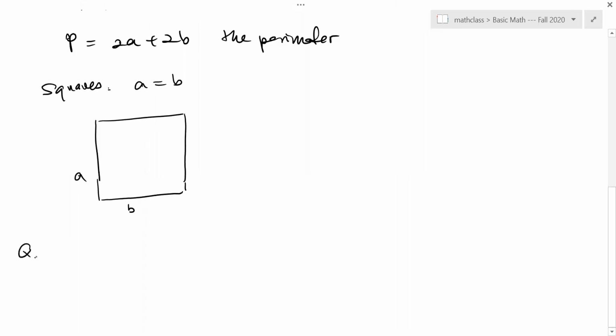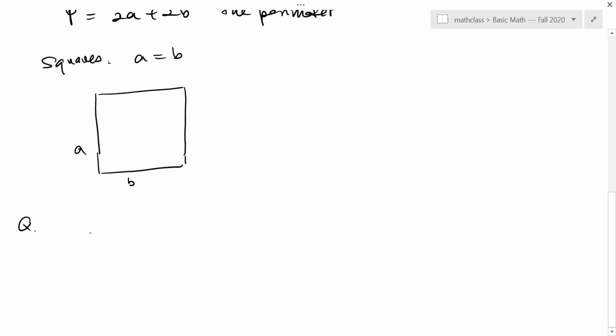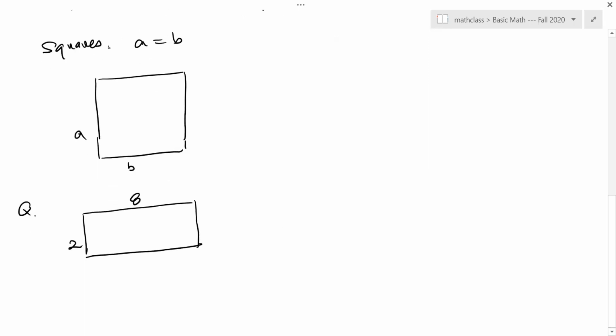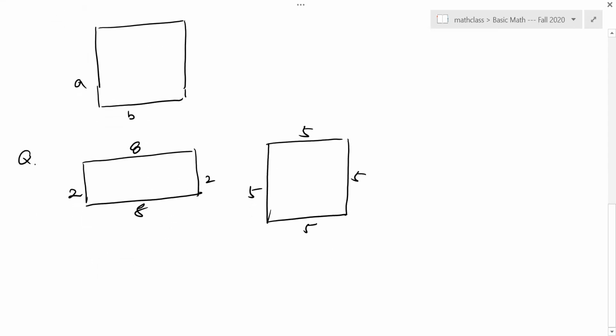Now, let's compare which one has a larger area. One has this side 2, that side 8. Then I draw the square, and that square has each side equal to 5. Now let's compare the perimeter.